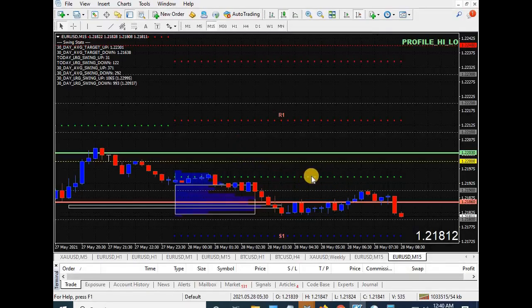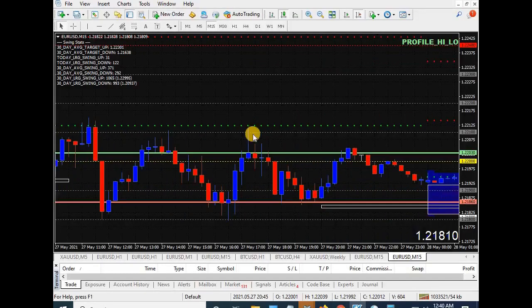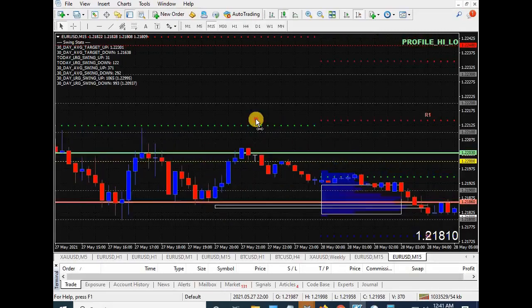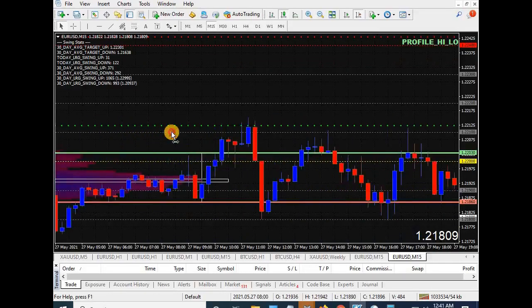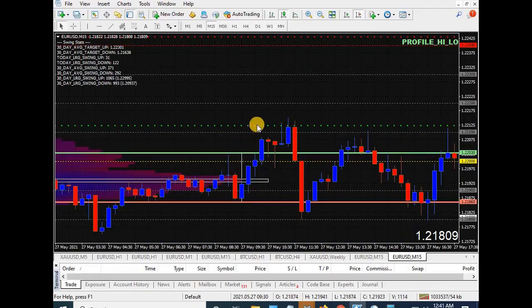Since I know that the pivot is the center of the prior day, what does it mean if this is pivot and then the day before this is pivot? And you see how we're stopping at the pivots? See those wicks stopping at the pivot? But you also notice that prior day central pivot was higher. Why are we stopping at the pivots?